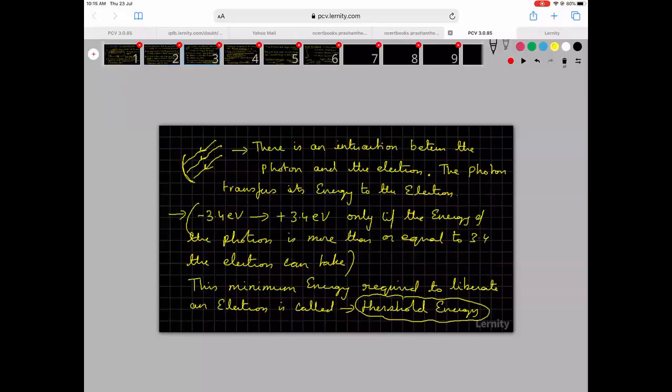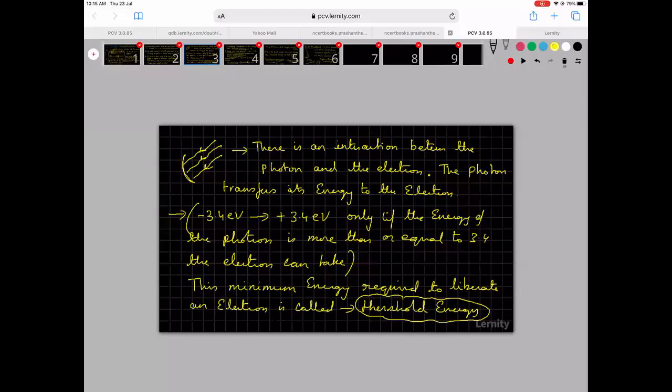So what exactly is happening? There is an interaction between the photon and the electron. The photon transfers its energy to the electron. I was giving you an example. Suppose the total energy of the electron is minus 3.4 eV. If you give plus 3.4 eV, then its total energy becomes greater than or equal to 0. Only then will the electron be emitted.